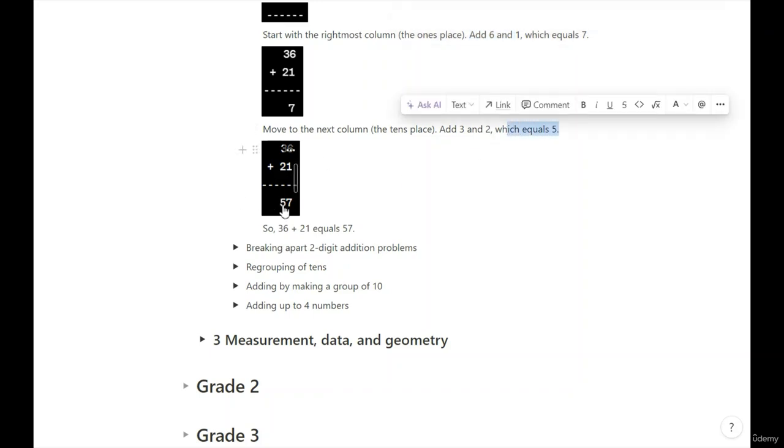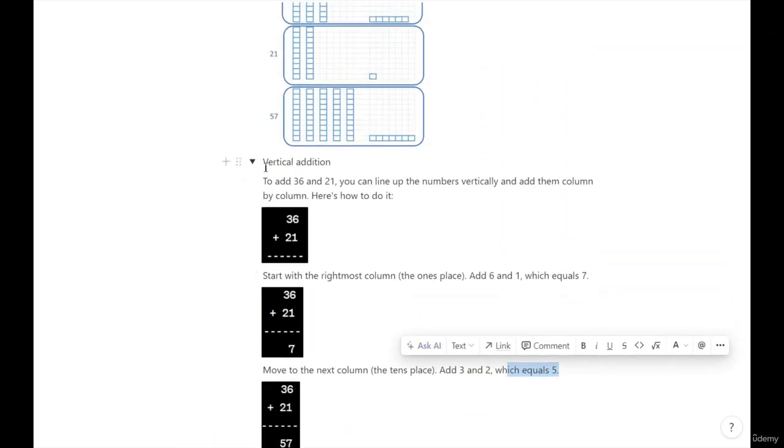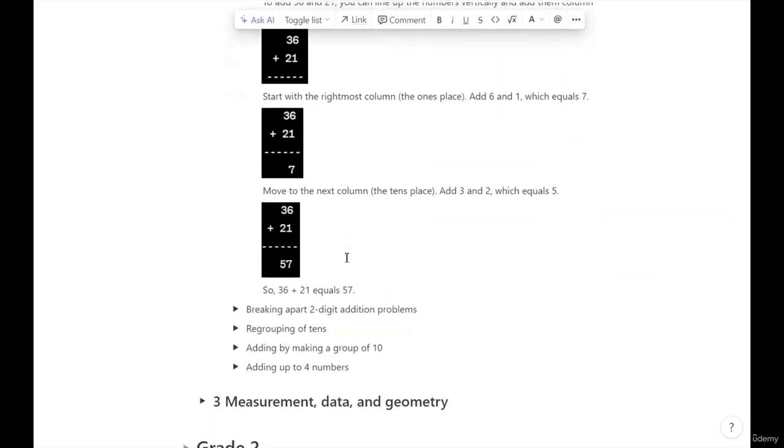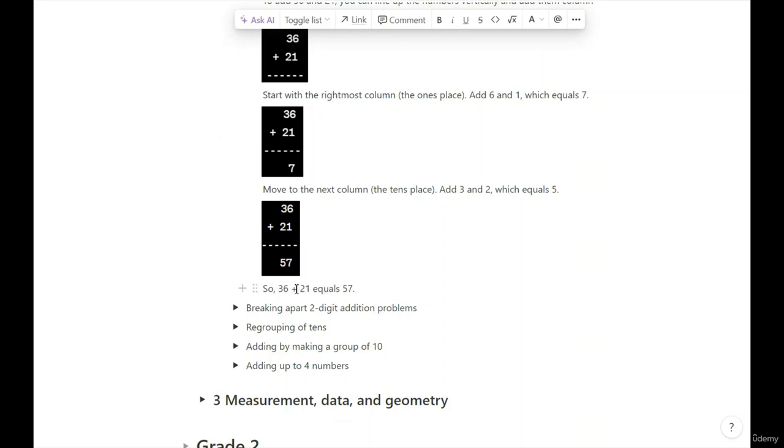So we can get 57. So 36 plus 21 equals 57. So this is the vertical addition method. This method can help us to do the addition easier.